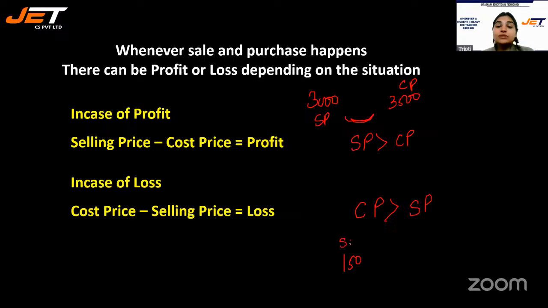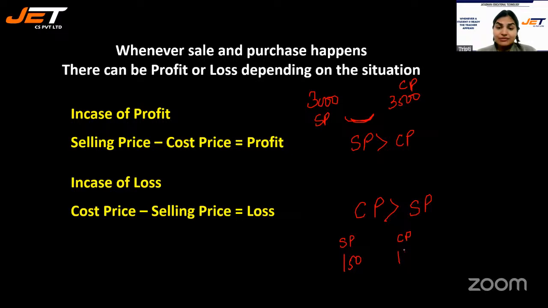So this is his cost price, the price at which he purchased. Now, due to bad weather and some other conditions, the fruits and vegetables he got are not in a good condition now, or they got rotten. So he decided to sell it at a lower price.